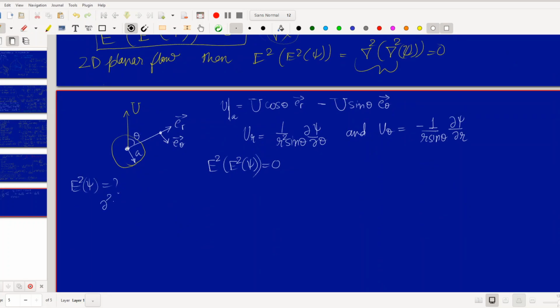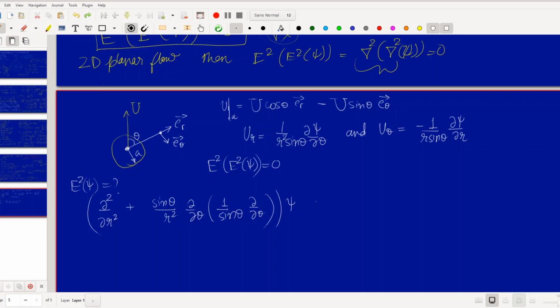So del 2 by del r2 plus sin theta upon r square del theta of 1 upon sin theta del theta, this operator acting on psi equals 0. Not equals 0, this is just that operator.